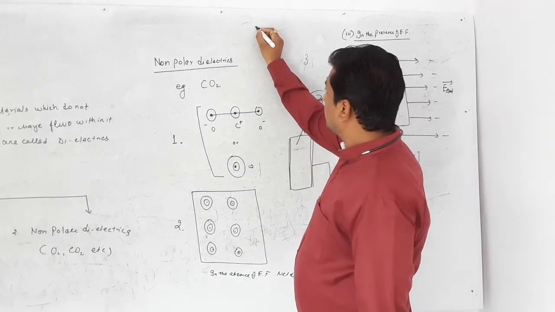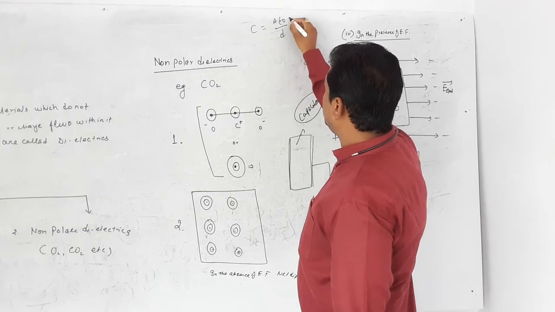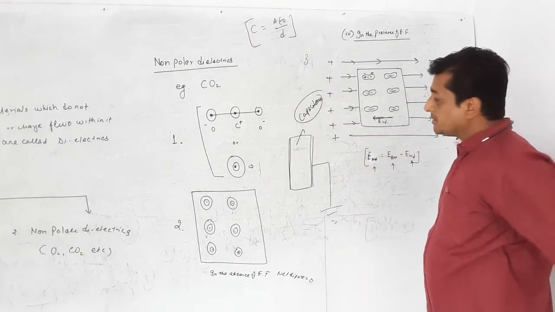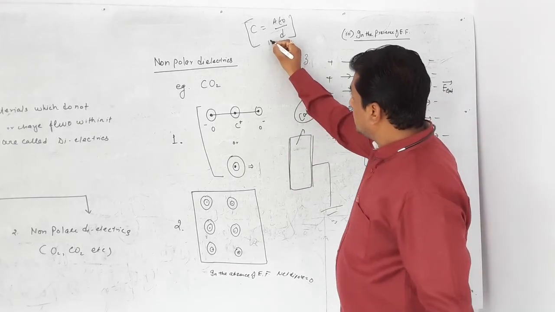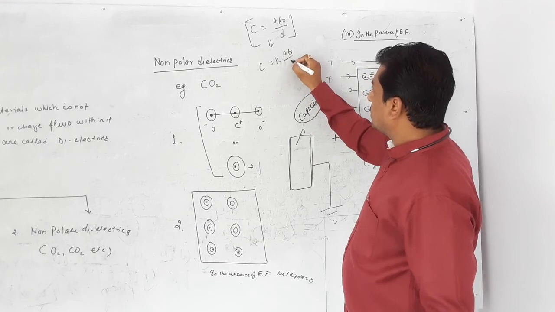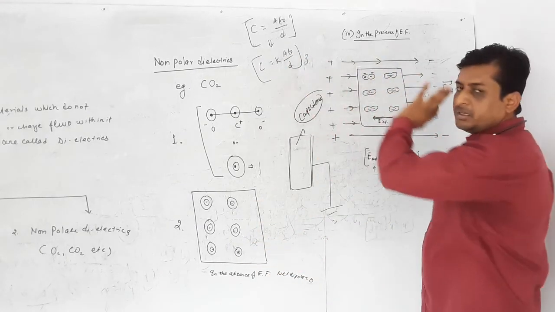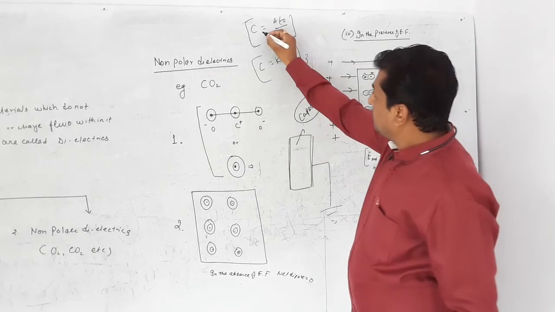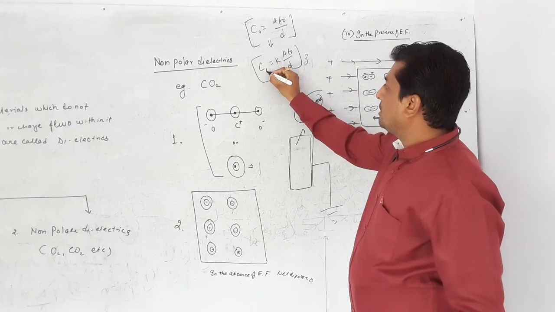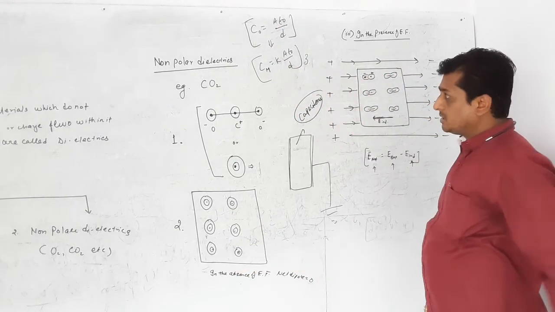You all know that C equals A epsilon naught upon D. This is the formula of capacitance when only air is present. And this can be written as C equals K A epsilon naught upon D when any dielectric is present there. For air you show it by C naught, or for any medium you show it by Cm, when a dielectric medium is present.